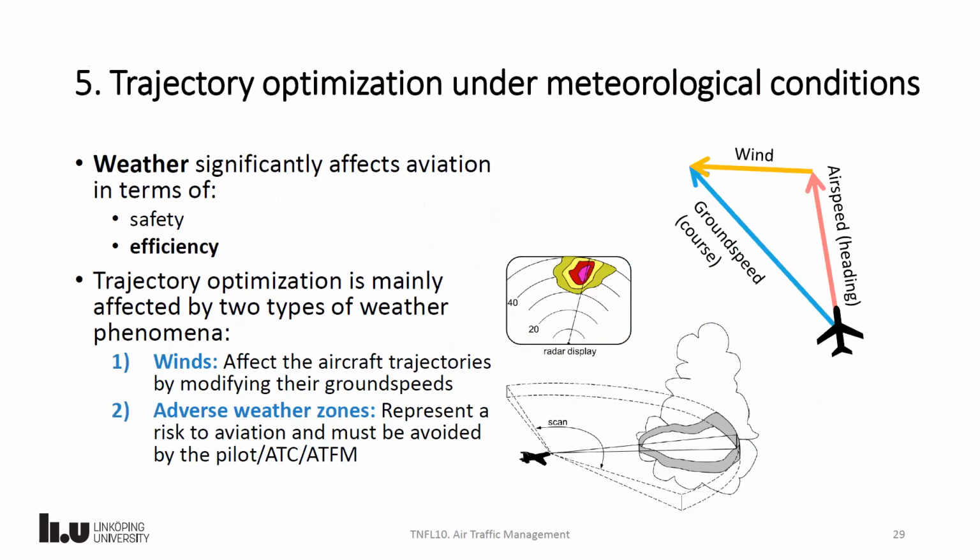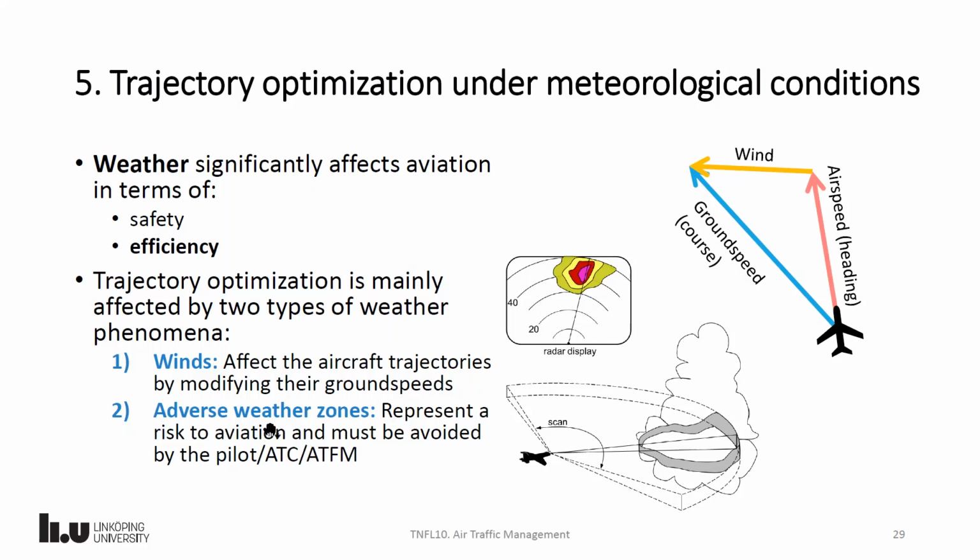As you know, weather is very significant in aviation, in aspects like safety, and what we tackle in this lesson, efficiency. Aircraft trajectories are going to be affected by weather, and there are two main weather phenomena that affect the trajectories.